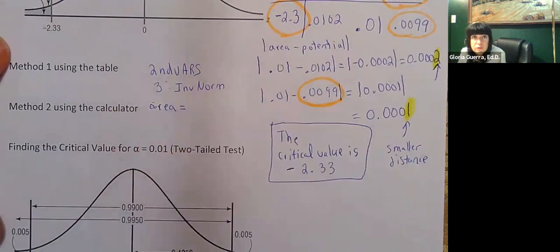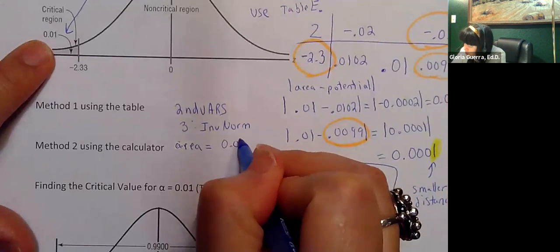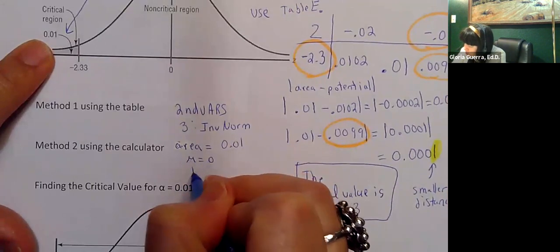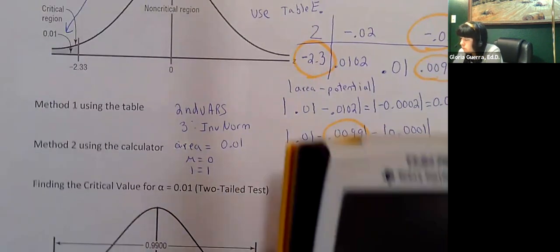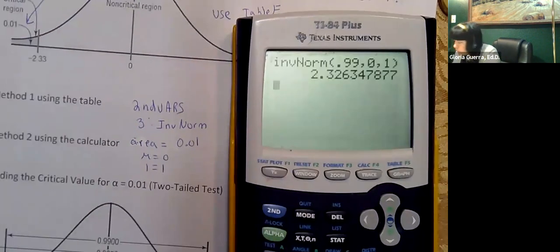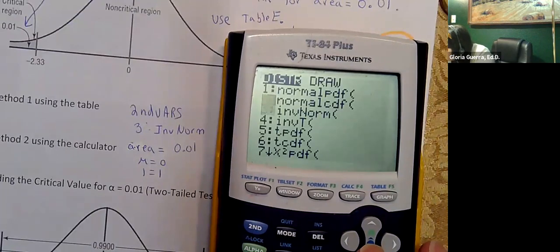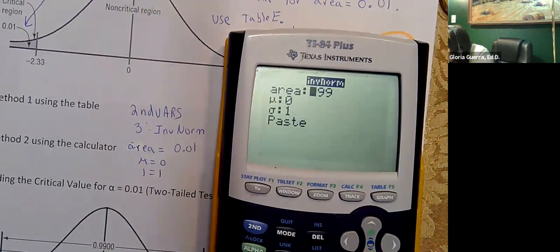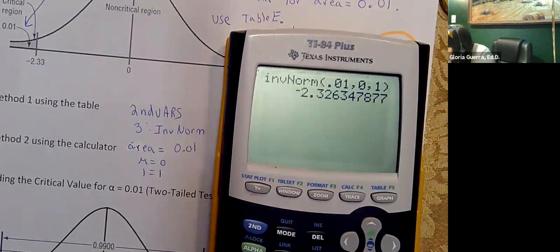Remember, it's to the left of the curve. So it's 0.01, mu is 0, sigma is 1. So we use on the calculator second vars, and then number 3, and then the area is 0.01, mu is 0, sigma is 1. And that gives us this.